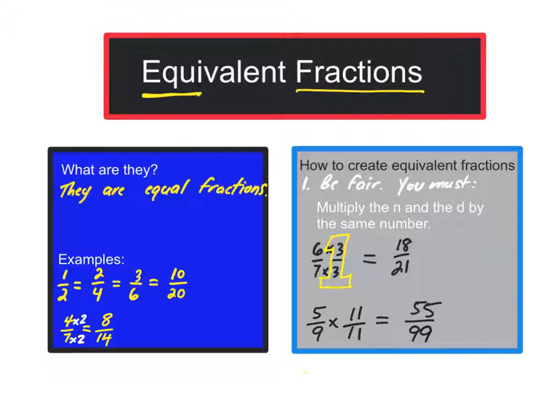Believe it or not, 5/9 and 55/99 are the exact same thing, because we can prove it right here, because 11 over 11 is 1, and I know that if I multiply anything times 1, that number would be the same. So this keeps our relationship between the numerator and the denominator.